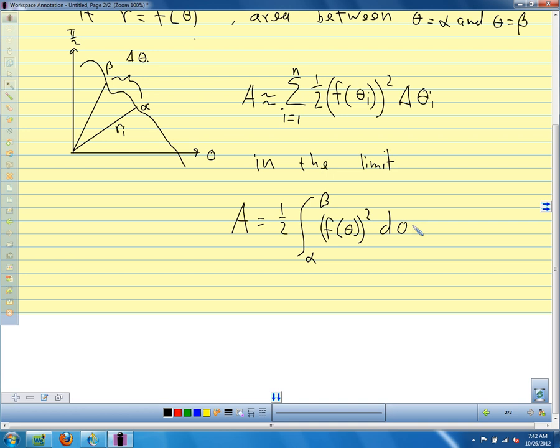And we want f to be continuous on our interval, and we want the radius to be non-negative.